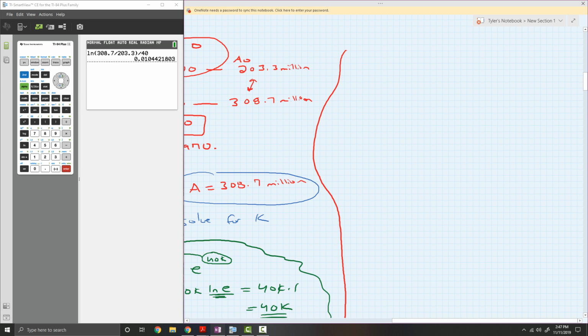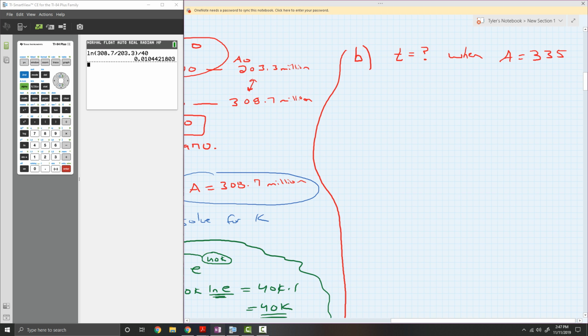Part B, we want to know when the U.S. population will reach 335 million. Essentially, what we're asking for is we want to know what t is when A equals 335.